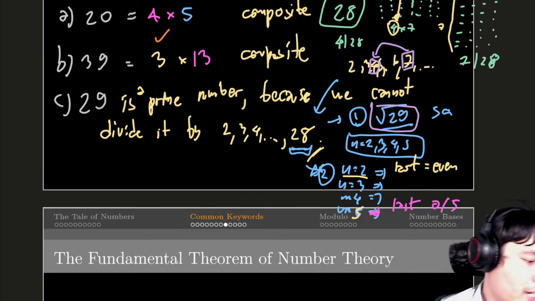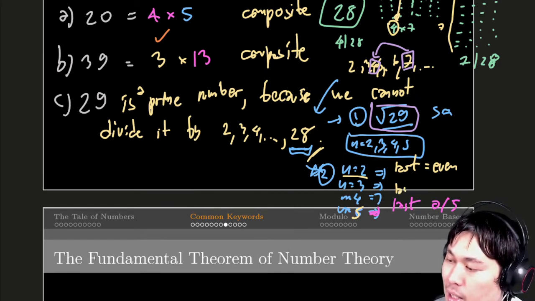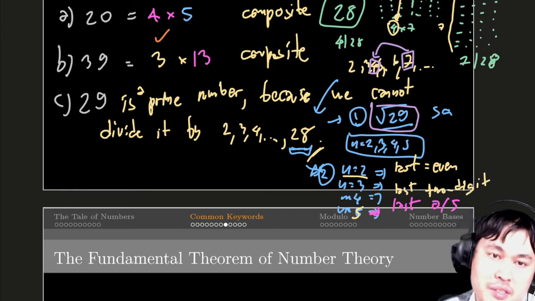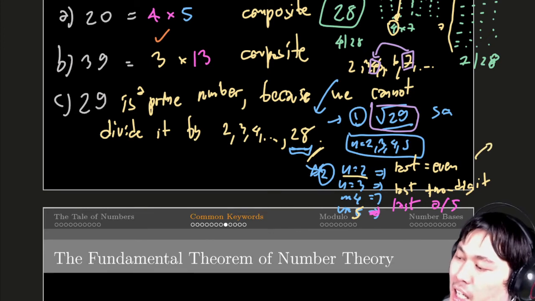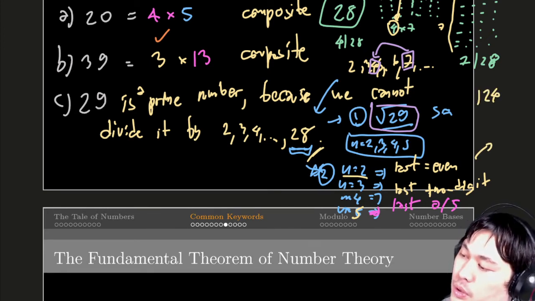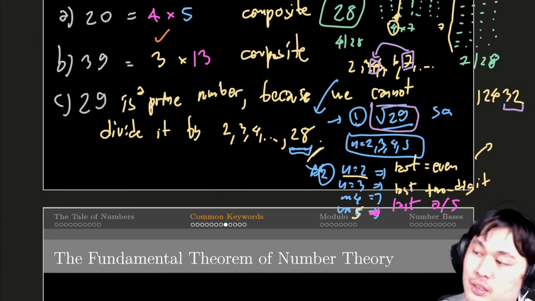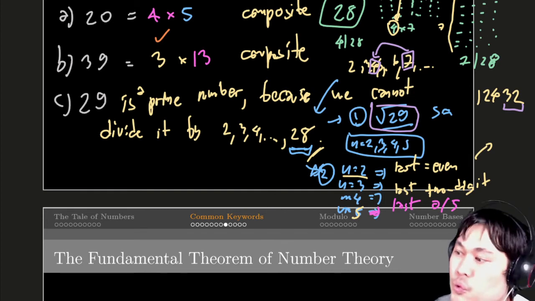And for 4, you can check the last 2 digits. You can see if those 2 digits are divisible by 4. If you want to see if 12,432 is divisible by 4, all you need to check is the last 2 digits, which is 32.